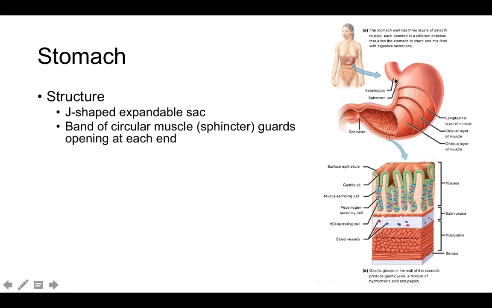At the top, we have a band of circular muscle that we call a sphincter that allows the bolus in and prevents the chyme, because once it is here in the stomach and contacts the digestive juices, the hydrochloric acid, this cardiac sphincter needs to shut down to prevent movement back up the esophagus. And when we do have movement of the chyme, because once it becomes liquefied, that's what we call it, if that does move back up into the esophagus, this is what we call heartburn.